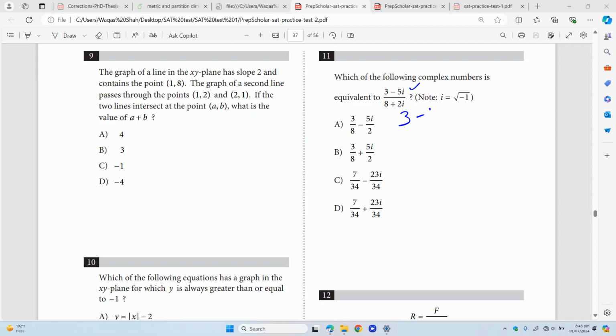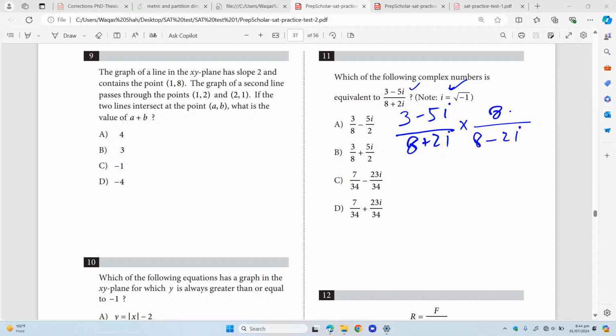So it will be 3 minus 5i divided by 8 plus 2 iota. I or iota, iota is basically the unit of imaginary number. So what we will do now, we will take the conjugate of the denominator, which is 8 minus 2 iota.